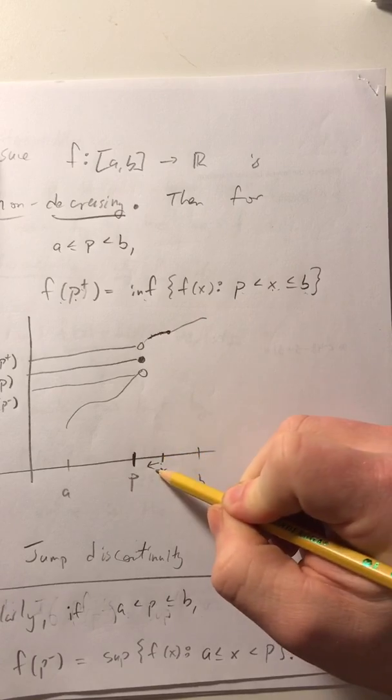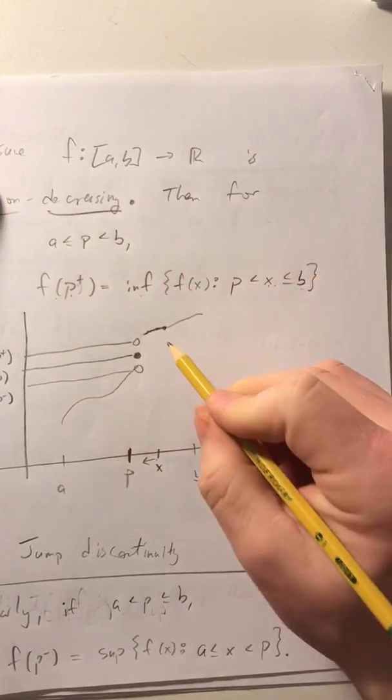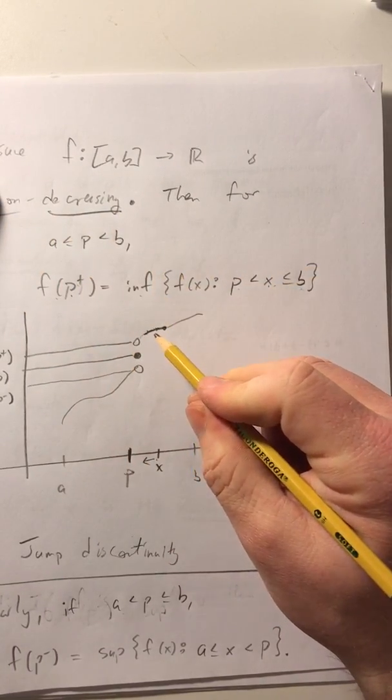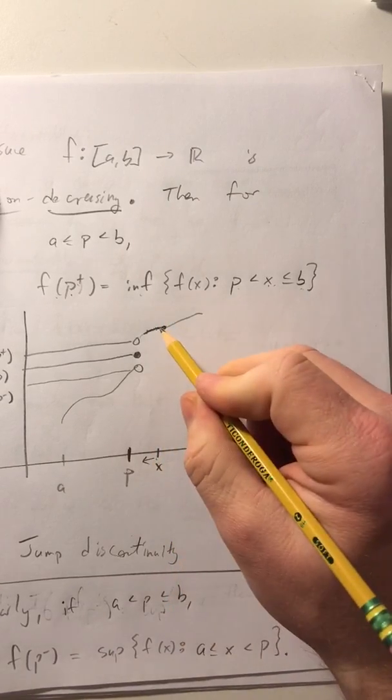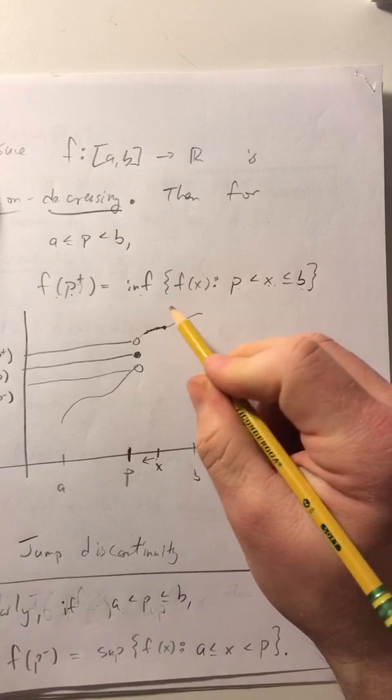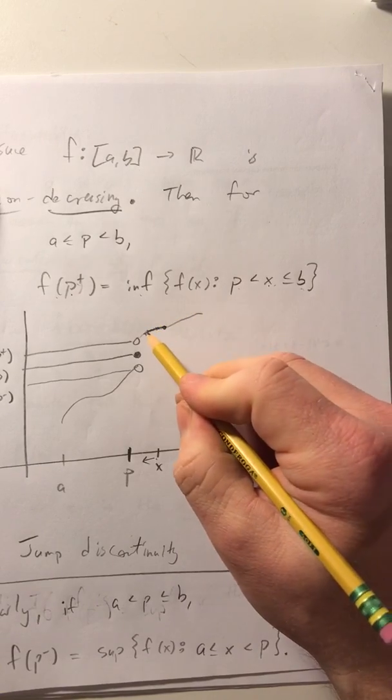If the function is non-decreasing, the outputs are decreasing, or at the very least non-increasing, right? So as x gets closer to p, the outputs are getting smaller and smaller, and in that case the limit is just the infimum.